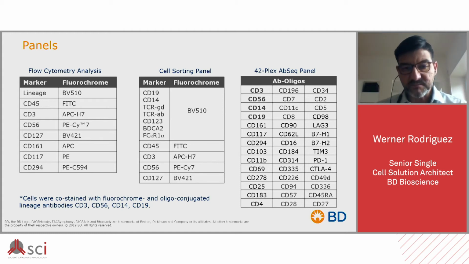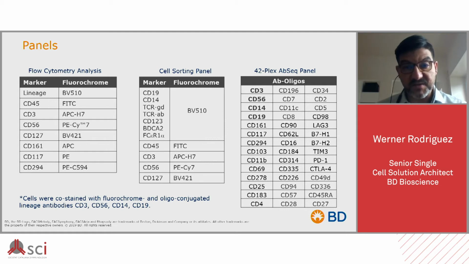And then for the molecular biology analysis, we use a panel of 42-plex AbSeq antibodies conjugated with oligos, and as you can see, there are some specificities that are present in both panels, for sorting and for the molecular biology analysis.